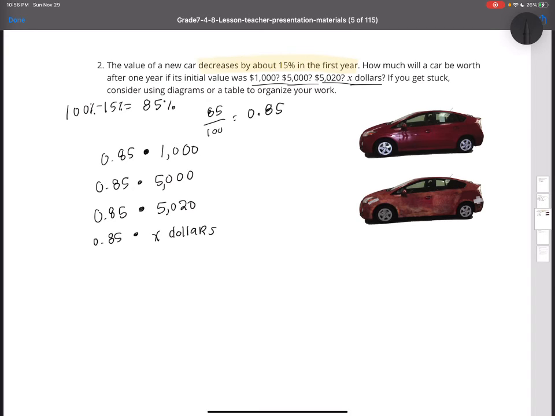Okay, so when I multiply 0.85 times 1,000, I would get 850.